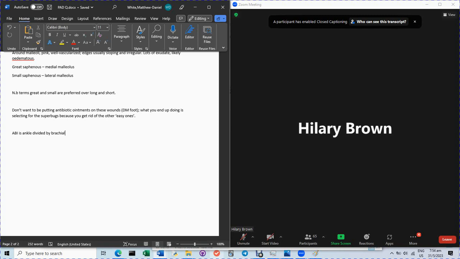Now, sometimes when we're on ward rounds, the terminology might be loose. I come on the ward round and I say to the resident, so what's the ankle brachial index? And they tell me 0.5. But I'm asking about what it is on the affected side, because I'm trying to make a clinical decision about the affected side.